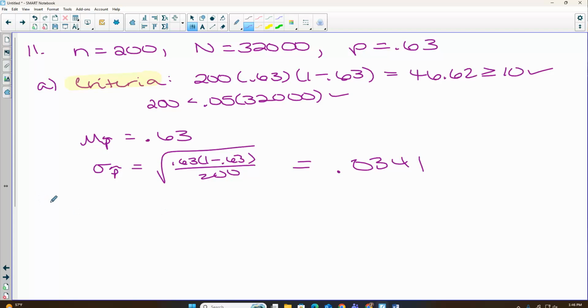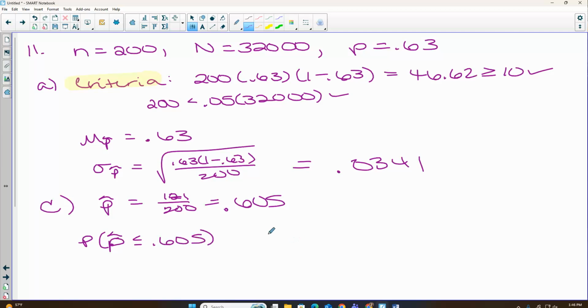So for part C, what's the probability of obtaining 121 or fewer? So we need our p hat, so x over n. So that is 0.605. We wanted that or fewer, so the probability that p hat is less than or equal to 0.605. So now what do we do? Z-score.